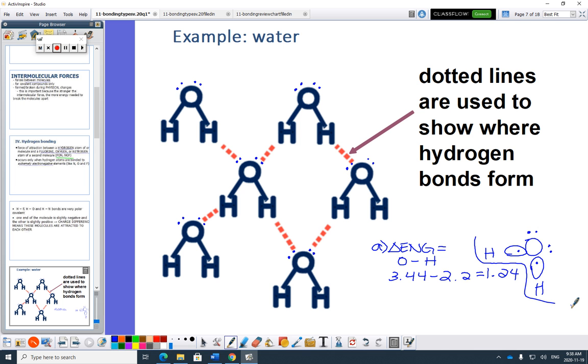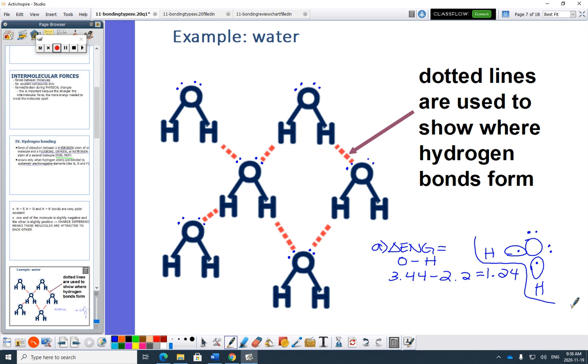So O minus H, 3.44 minus 2.2. And remember, you don't need to memorize those values. They are on the periodic table. I chose to do O first because I didn't want to make it negative, but it doesn't matter.